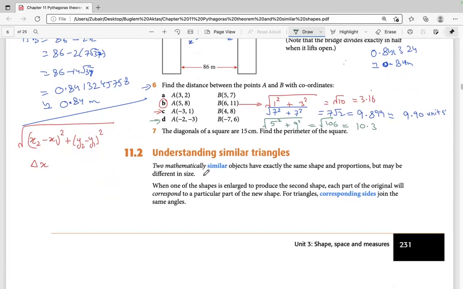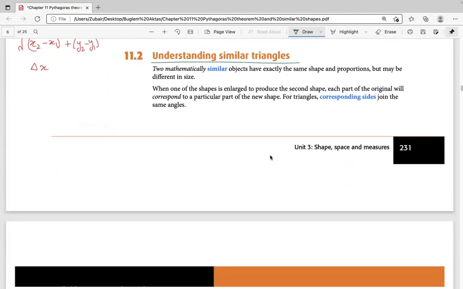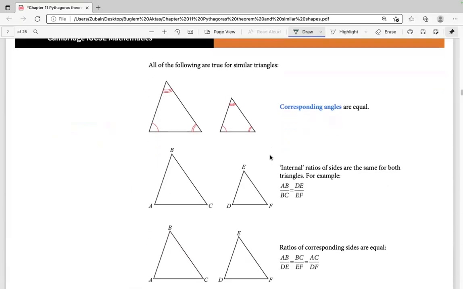Let's move on to understanding similar triangles. All of the following are true for similar triangles. Corresponding angles are equal, first thing.